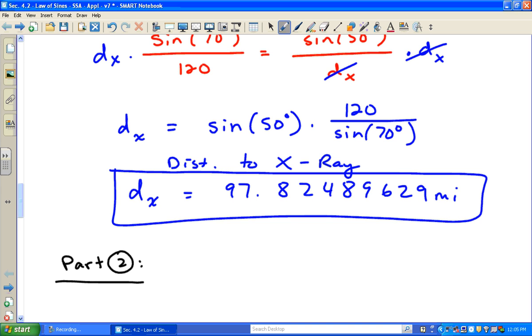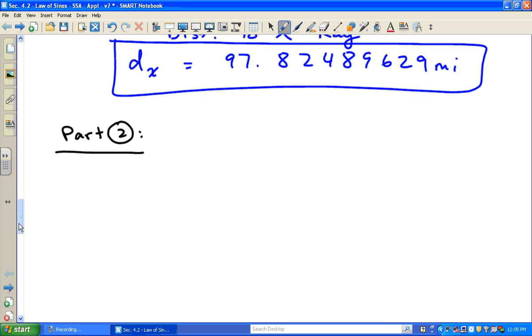The second part of the question said that if you were able to send a helicopter from the closest station, we know that the closest station is X-ray now. And that helicopter is flying at a constant rate of 200 miles per hour. How long would it take it to reach the ship?